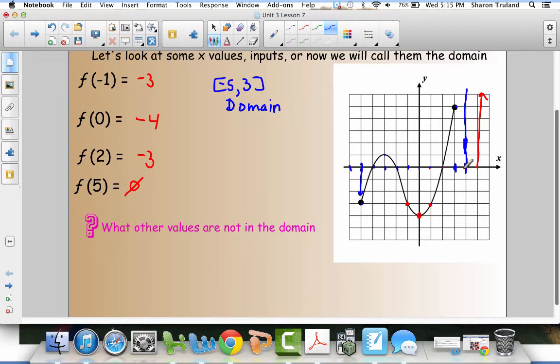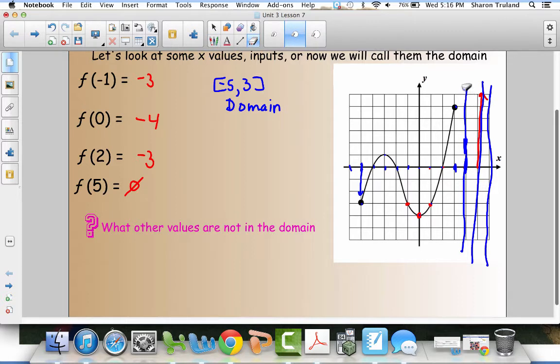If I draw a line at x equals 4, it doesn't cross my black graph. 5, we already realized, doesn't cross my black graph. 6 doesn't cross my black graph. So anything above 3 and anything below -5, we can't put into this graph. We just won't get an answer. It's like going into McDonald's and asking for a Whopper. They're going to look at you and go, "What? We don't serve that here." It's not part of their domain.